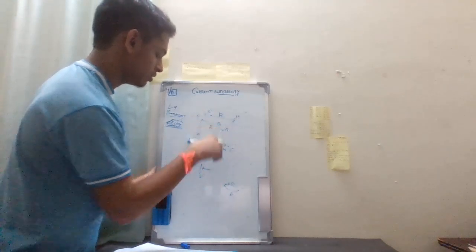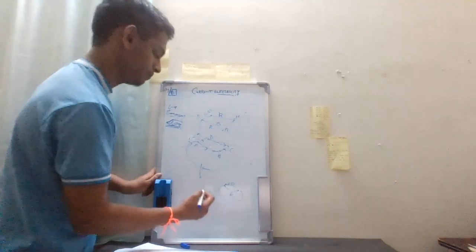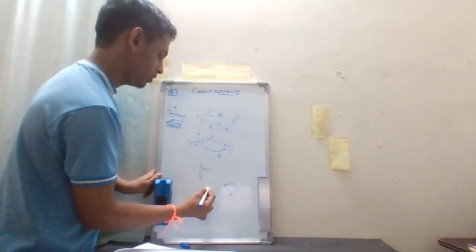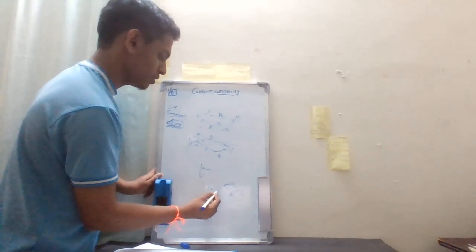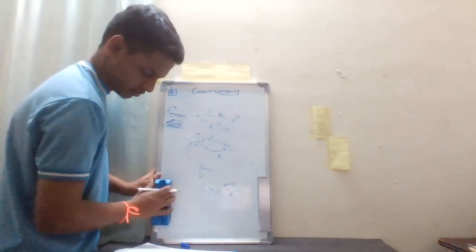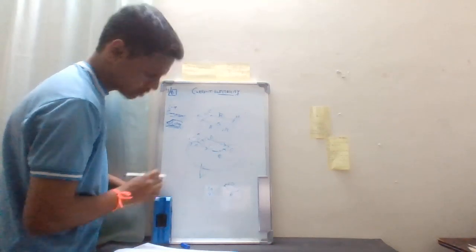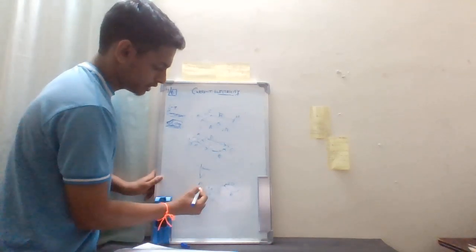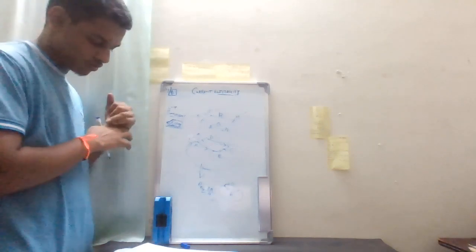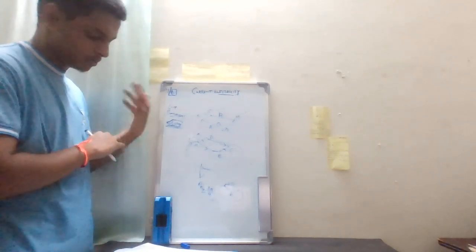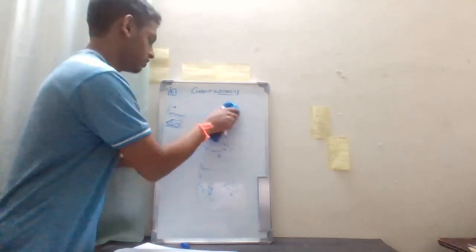This and this R, and so that would be 3R by 4. That is 3R by 4. Yeah, R equivalent would be 3R by 4. You can do it with the old method, but it would be too lengthy. You wouldn't do that, right?